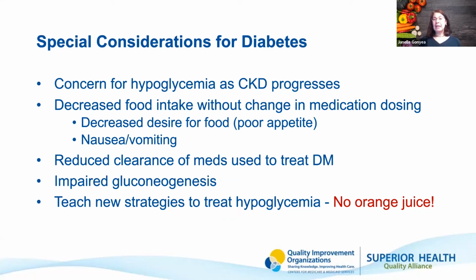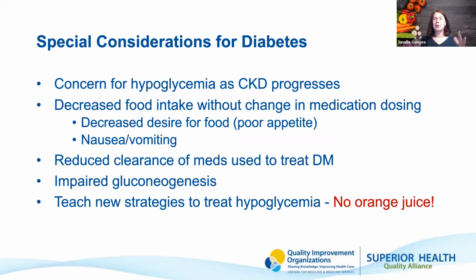They're just going to be eating less, but they don't change their medications to manage their glycemia in harmony with that. So we see hypoglycemia result from that. They have reduced clearance of their meds, so maybe they're still eating fairly decently, but those meds are just hanging around a lot longer than they used to. And so that can lower their blood glucose levels.